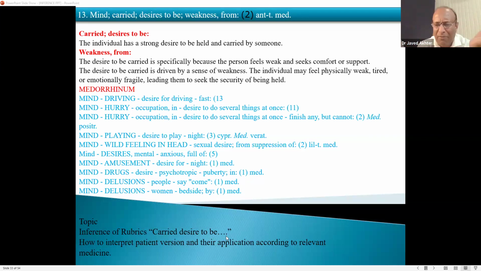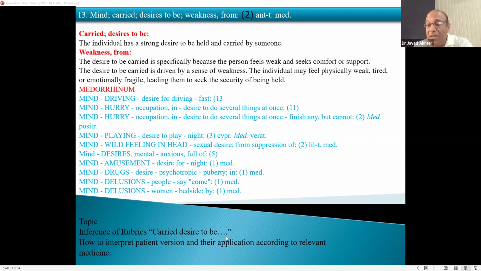Give me medicine, it is compulsory that whatever medicine you give should work properly. Wild feeling in my mind, I will do. Another is drug desired, psychotropic drugs. Whatever psychotropic drugs you have given, it is a psychotropic drug.